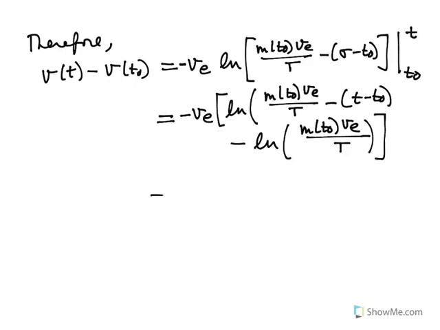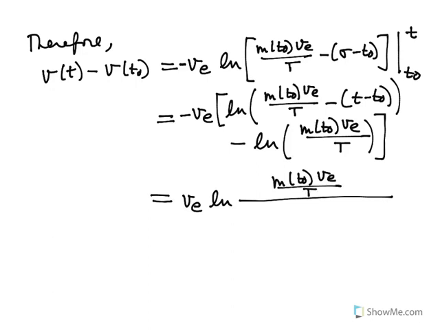And so we can flip the order of the natural logs and also realize that the difference of the natural logs is the ratio of the natural logs. So this becomes VE times the natural log of m of t0 VE all divided by t, divided by m of t0 VE all divided by t minus t minus t0.